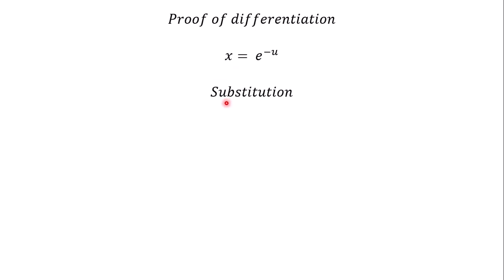So, proof of differentiation. Now let's write the question. Here we're going to do substitution. So substitution. We let m equal to minus u. Now here to differentiate this one, we multiply this power by this 1 and then we decrease the power by 1.